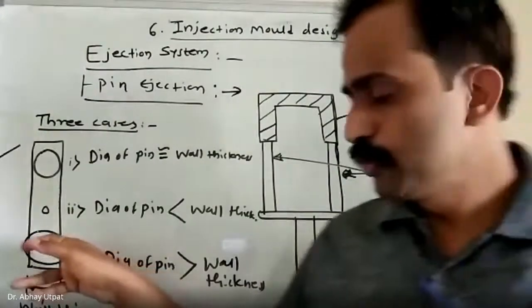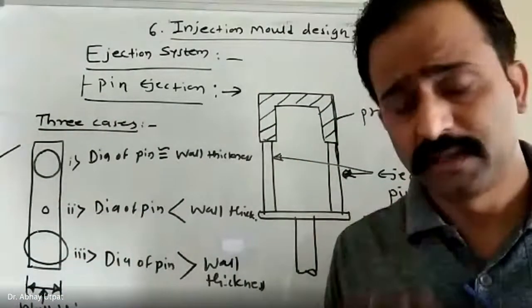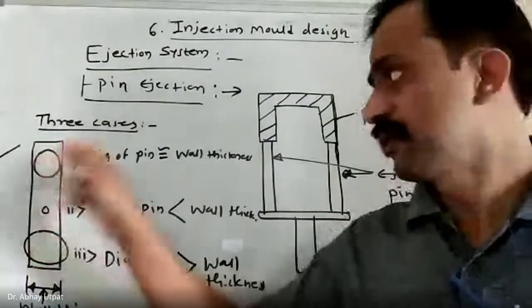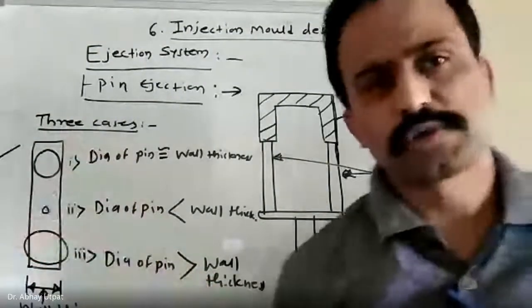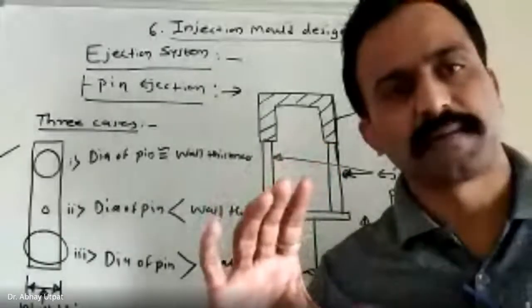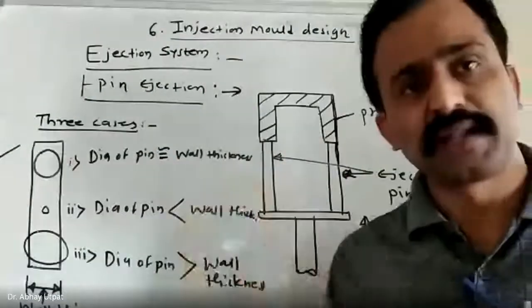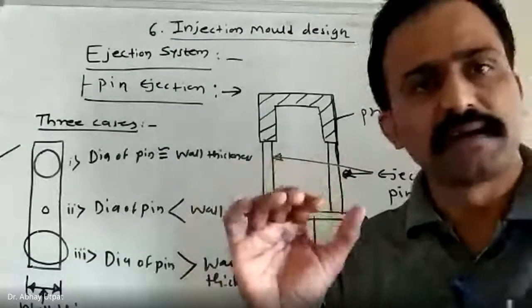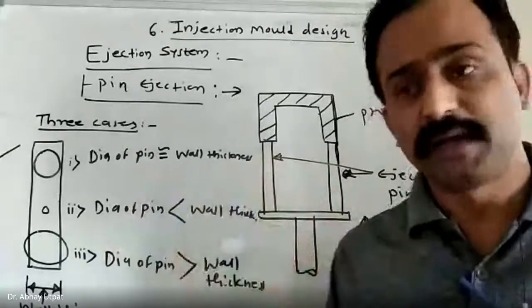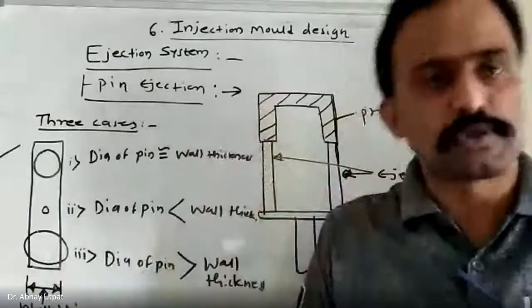If you use a larger size pin for small wall thickness, it is a loss of efficiency. For example, you want just half a liter of water, and for bringing that you can take a small mug, but instead if you take a big bucket to carry that half liter of water, it is a loss of efficiency.